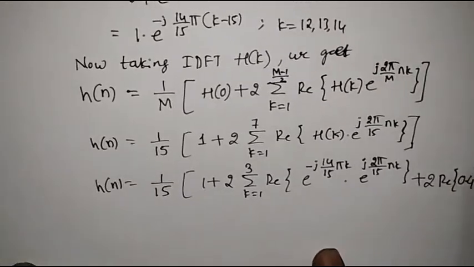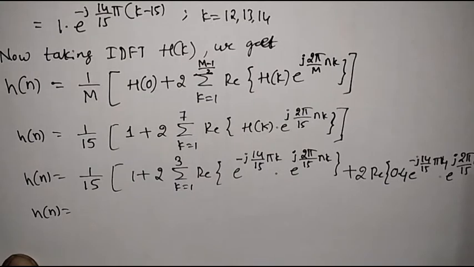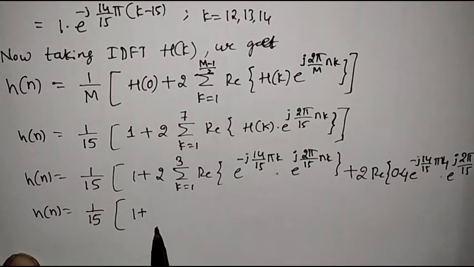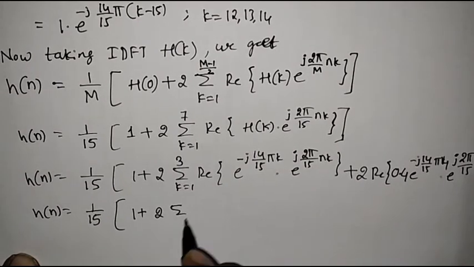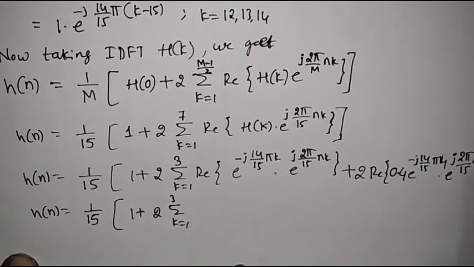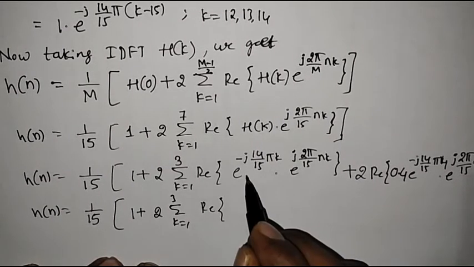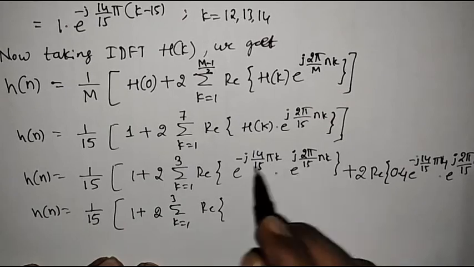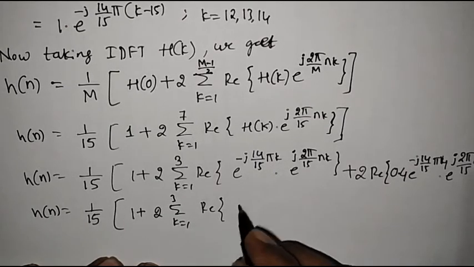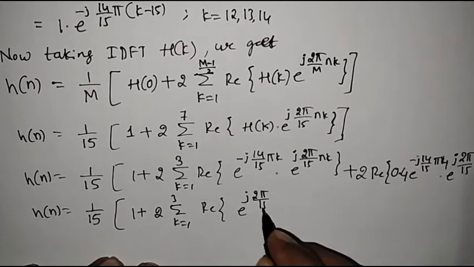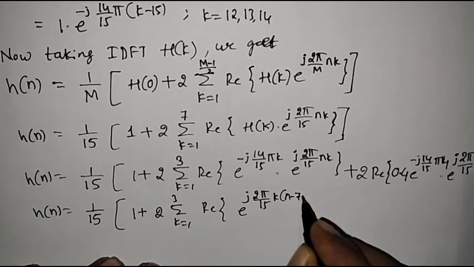Simplifying this further, 1 over 15, 1 plus summation k is equal to 1 to 3. I can write it as real part of, adding the power of these two exponential terms, that is e power j 2 pi by 15 k of (n minus 7).